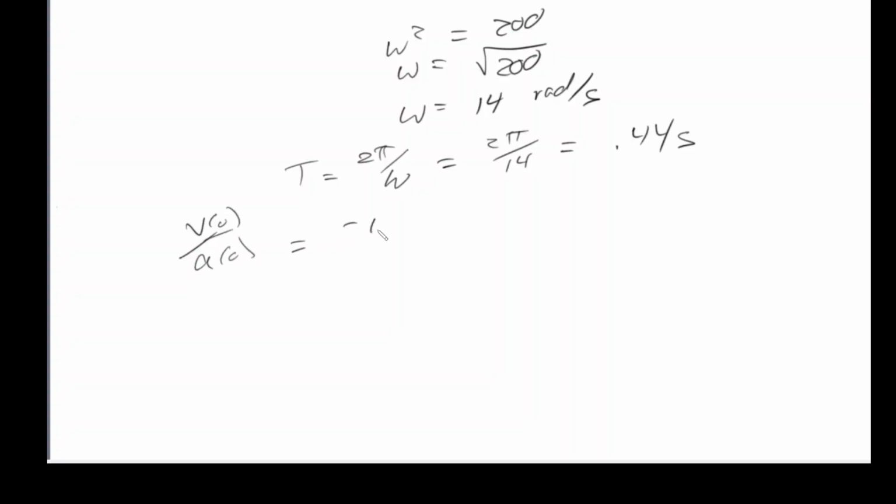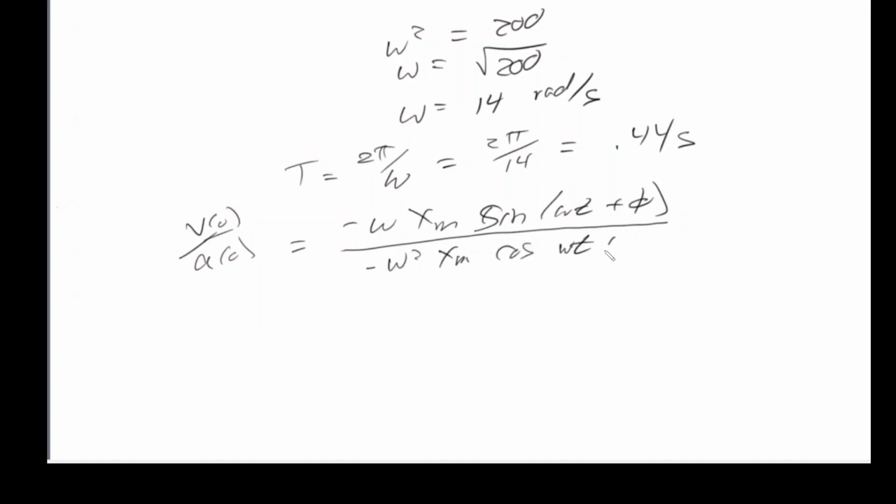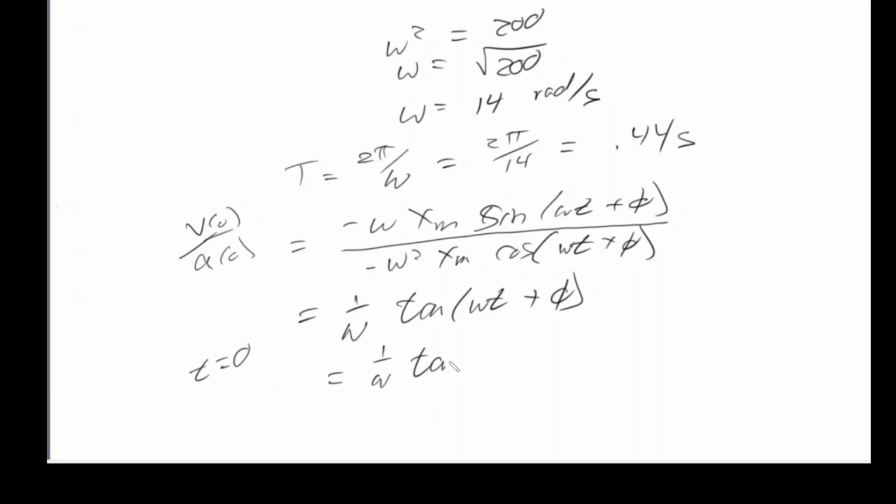So that's equal to minus omega xm sine of omega t plus phi over minus omega squared xm cosine of omega t plus phi, which ends up being 1 over omega times tan of omega t plus phi. And at t equals 0, this becomes 1 over omega times tan phi.